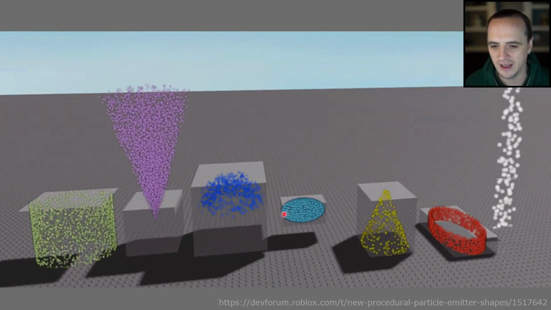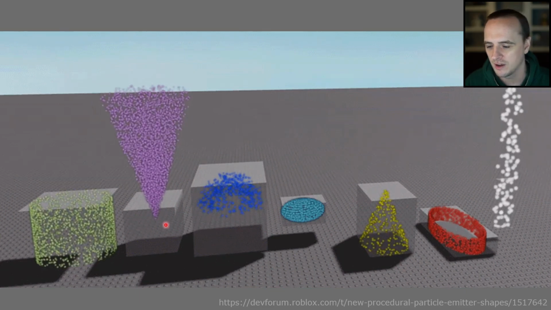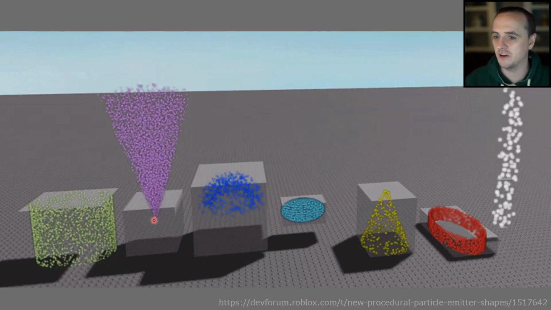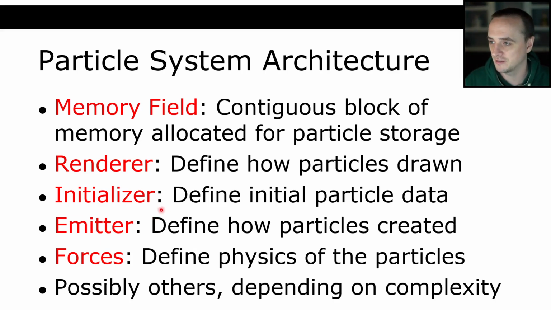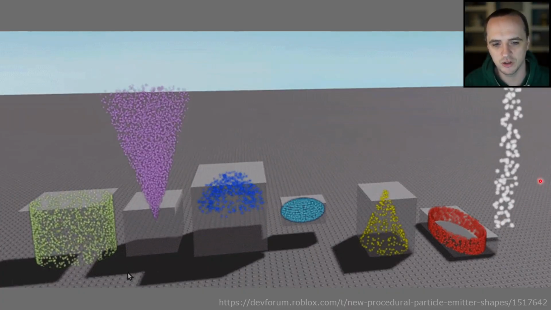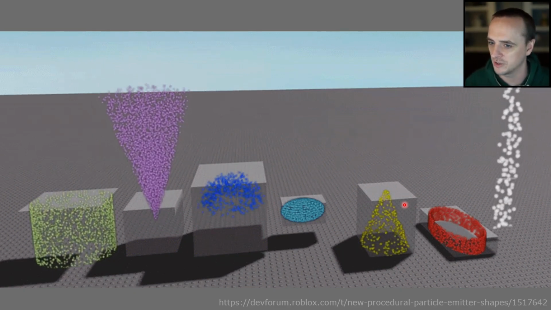Here we have a more static group of particles. The point where the particles are emanating from or collapsing to, that might be called an emitter. That's what an emitter would be. Over here, we have a smoke-like one. So particle systems can have a number of different looks and feels.